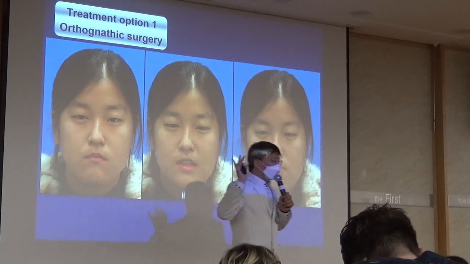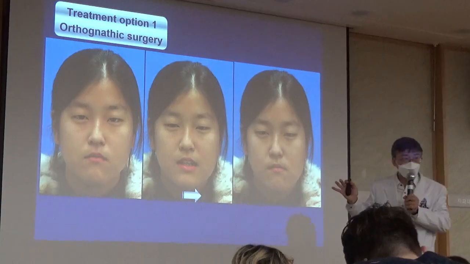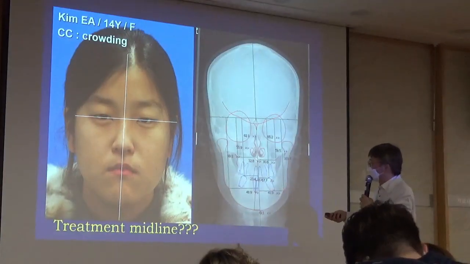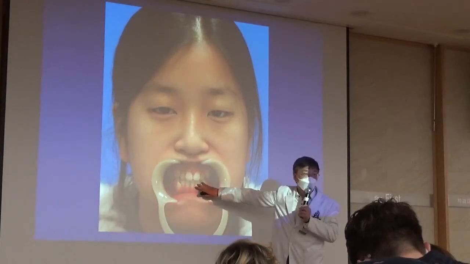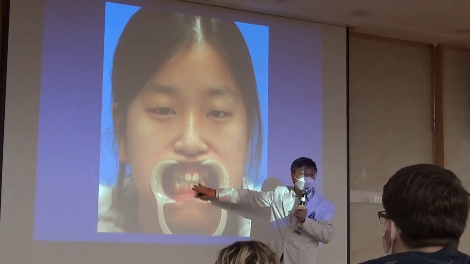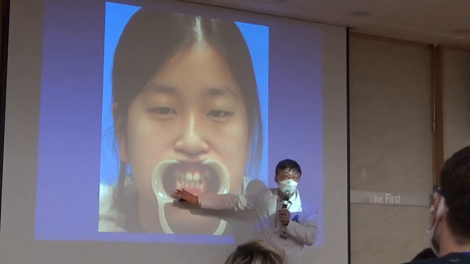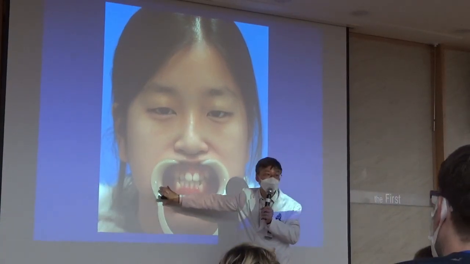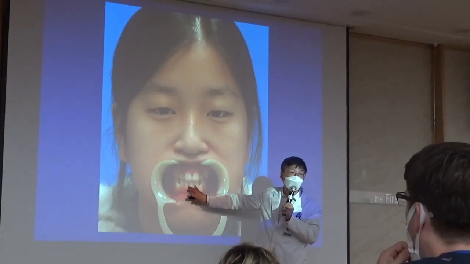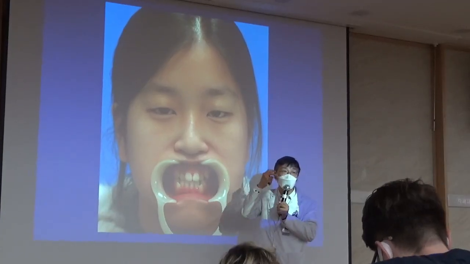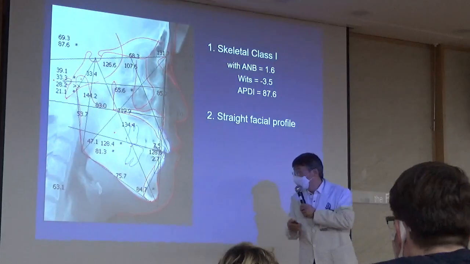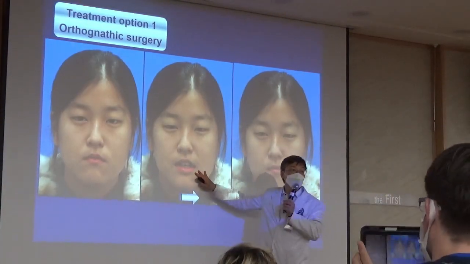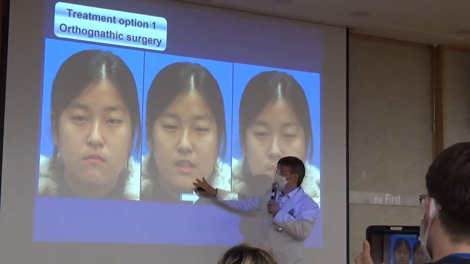Now, this is really important because, if you commit to orthodontic surgery only for the sake of relocation of the lower jaw, let's say you relocated the lower jaw, spending $20,000 for the orthodontic surgery, and in terms of facial control, this is the expected outcome.